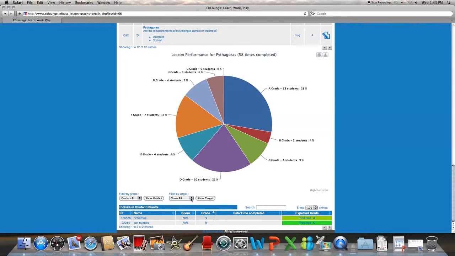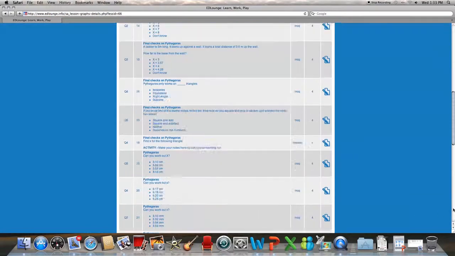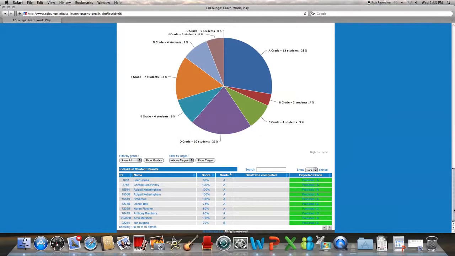Alright, so we could filter by above target, and it tells us exactly which students are above target. In this situation, obviously if they're predicted an A, they're not going to be above that A, but the guys there are really showing good progress for us.